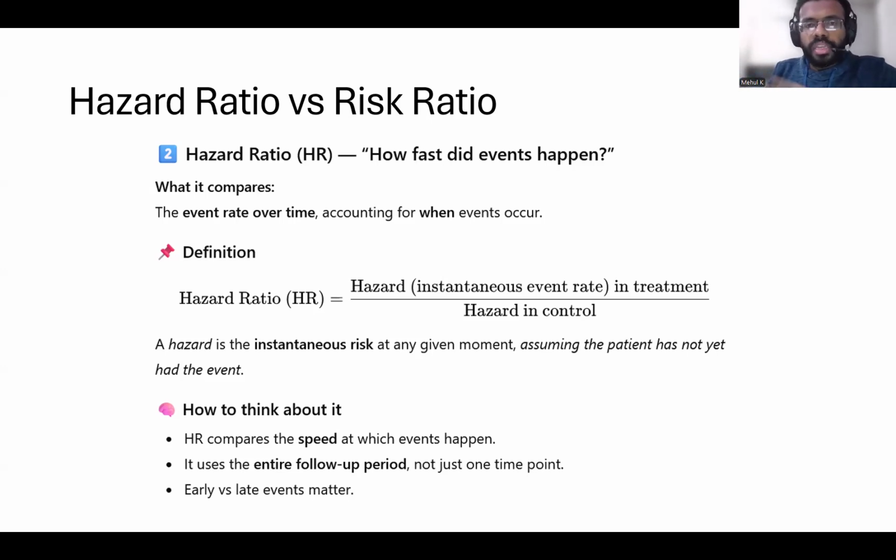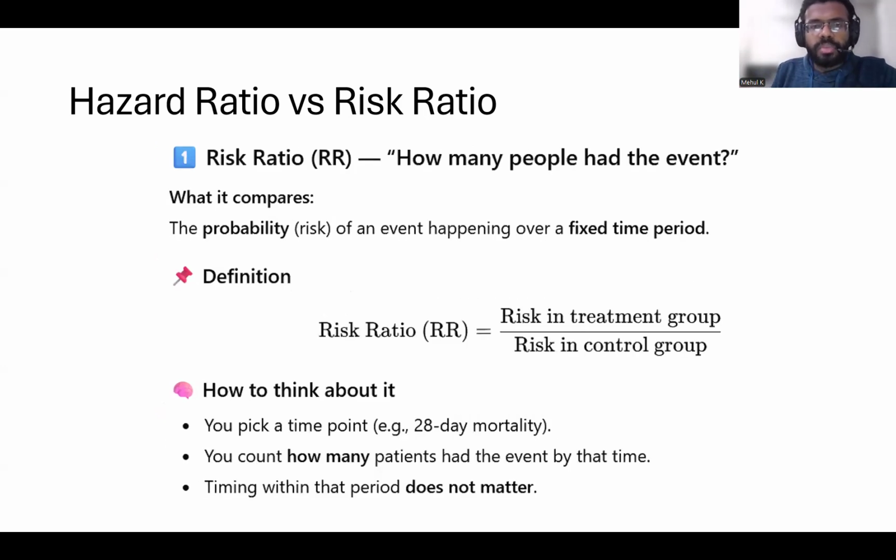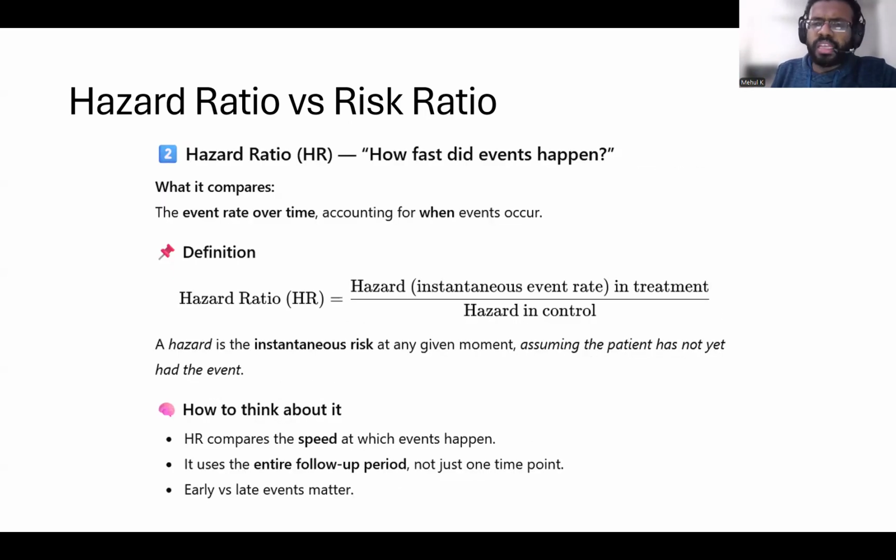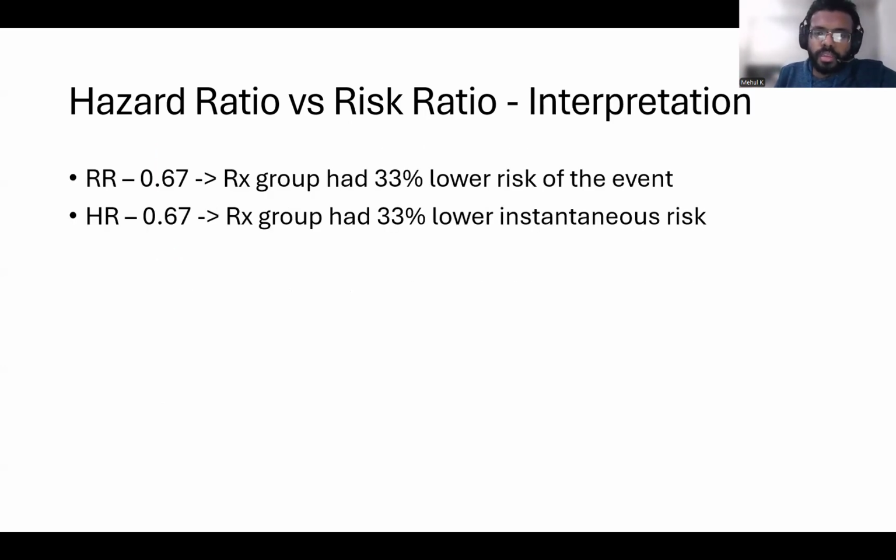So that is where the hazard ratio comes into play, and that is why the hazard ratio is somewhat different from the risk ratio. A risk ratio is basically a simple proportion, whereas a hazard ratio is a much more complex thing, and you have to use a statistical tool, Cox regression, to actually calculate this.